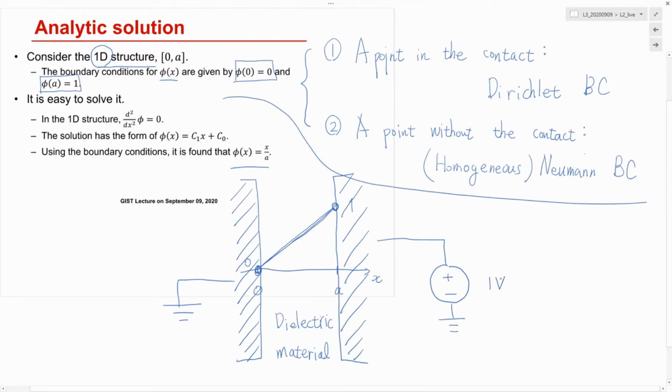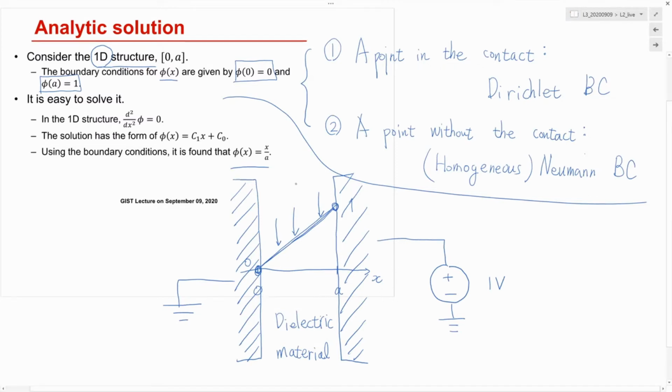And my question is, what is the voltage at this position or that position or another position? Such a question can be answered by this Laplace equation.